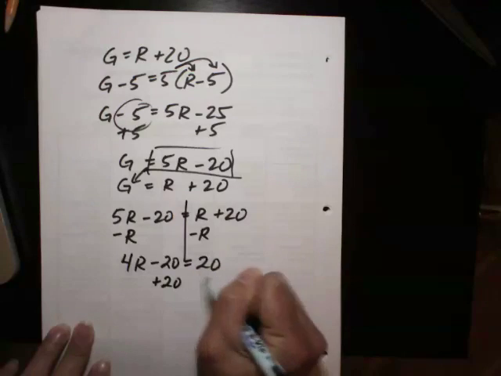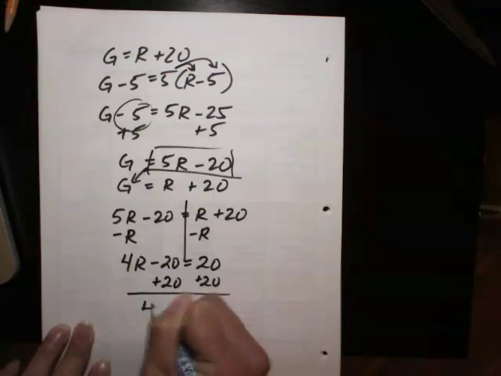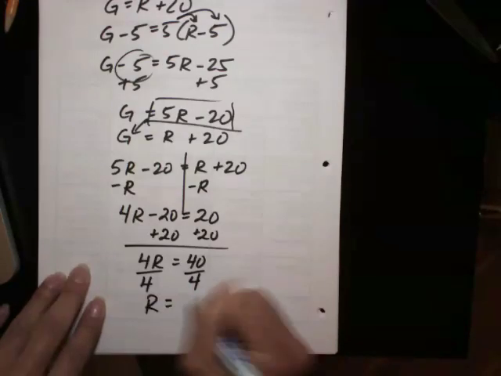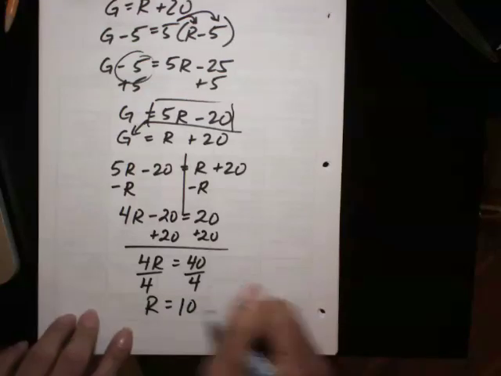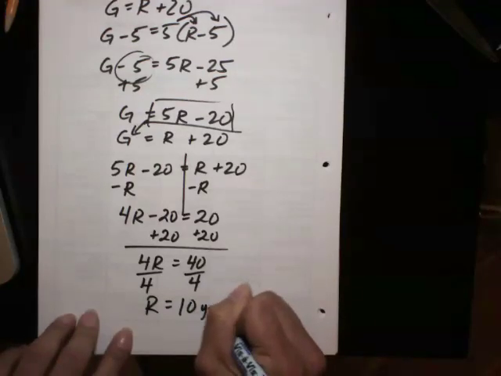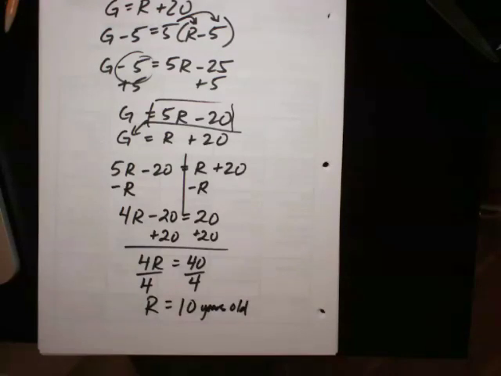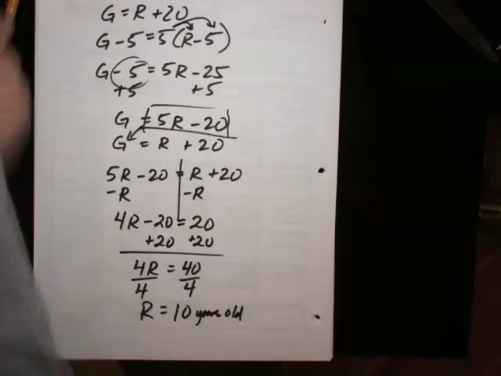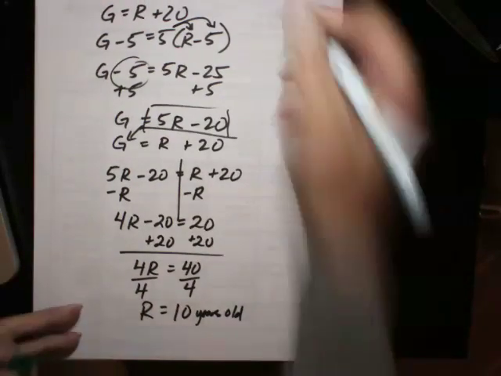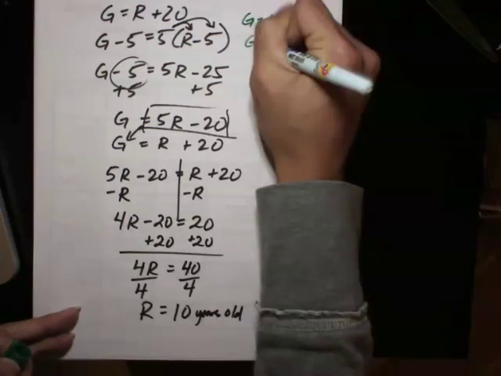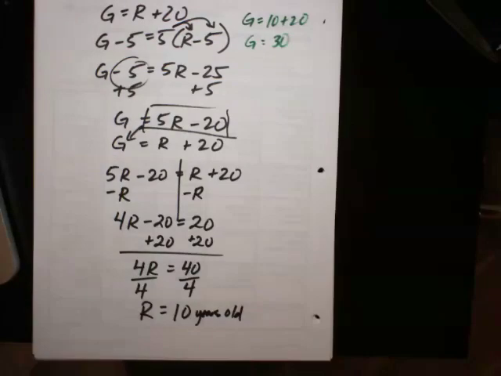I will move constants next. 4R will be equal to 40. Dividing by 4, R, which represents Reggie's age, is 10 years old. If Reggie is 10 years old, we can go back up and substitute in for Reggie's age. 10 plus 20. Gloria then will be 30 years old.